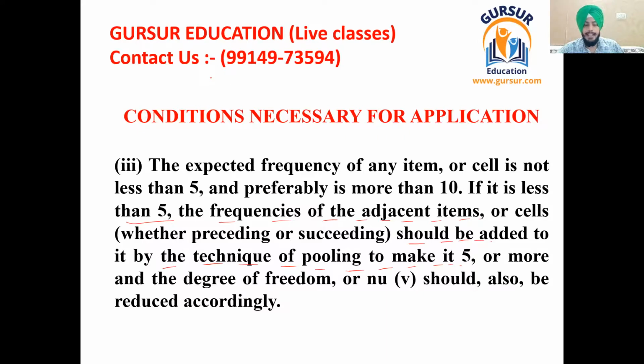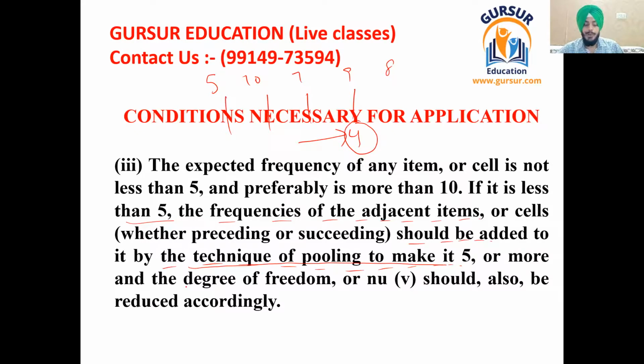This simply says that in case any item has a frequency lesser than 5, like 4, then the frequency of adjacent items which are greater than 5 can be added to this value, so that its frequency becomes more than 5. This technique is known as the technique of pooling.